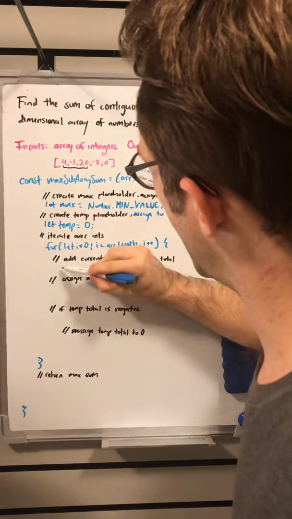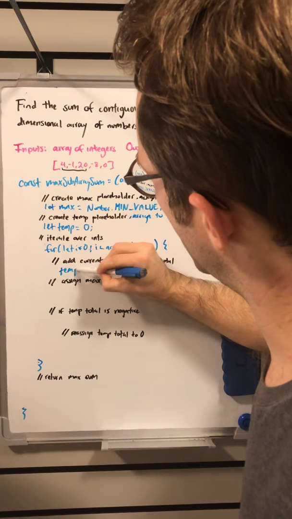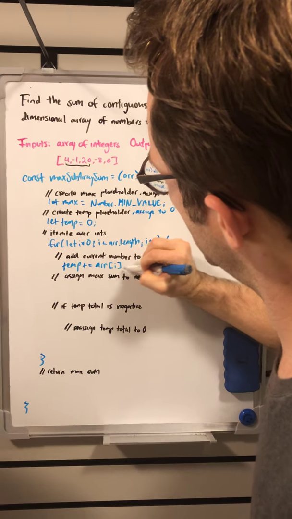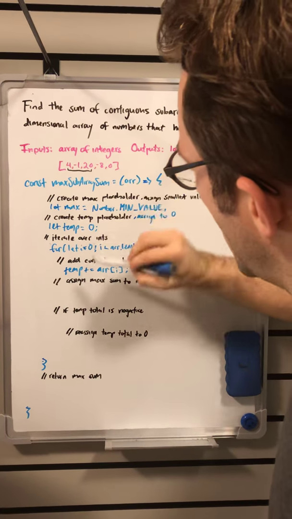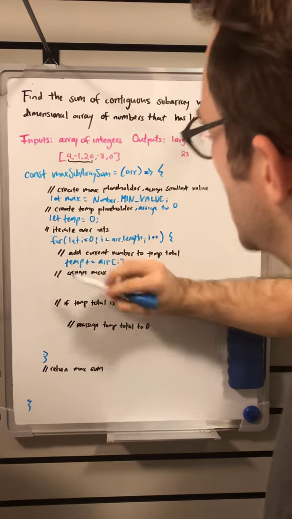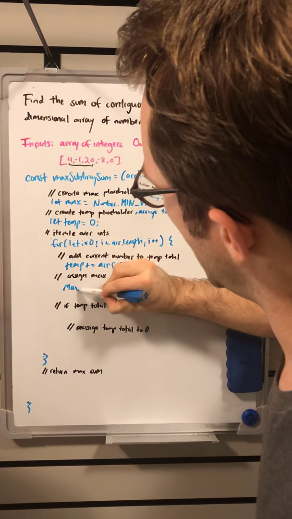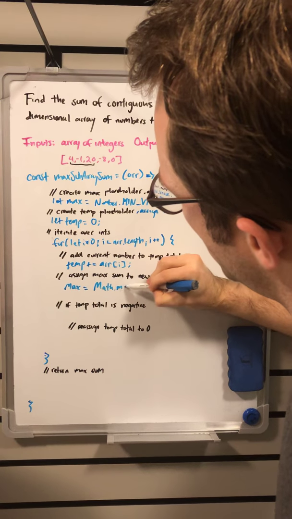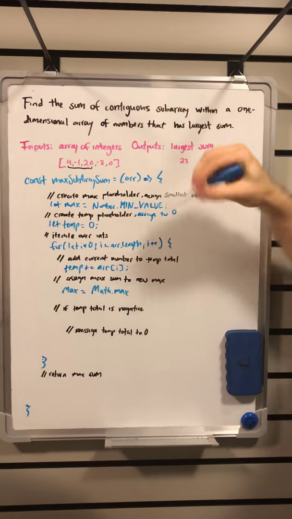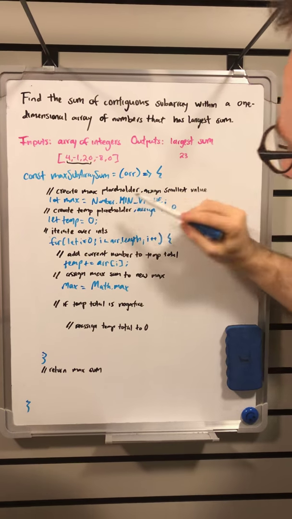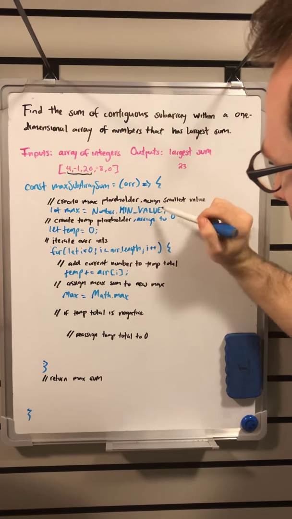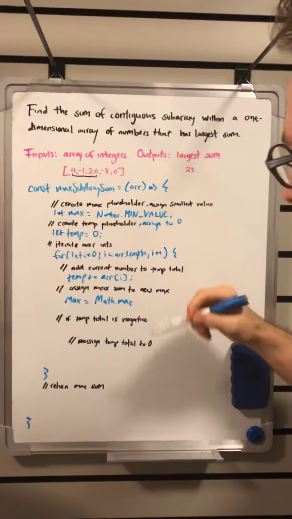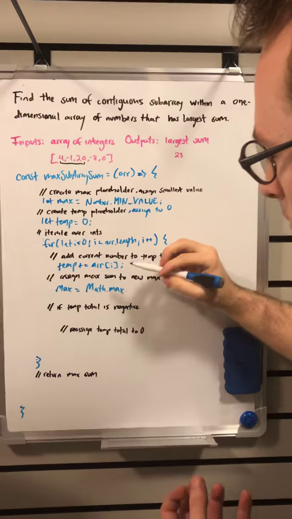Alright, then we're going to add to the temp, plus equal, the current number, so 4 would add to 0. And then we're going to reassign max to be Math.max. So again, this is why we assign it the lowest possible value: when we first start out, we want to make sure to always be grabbing the maximum number.